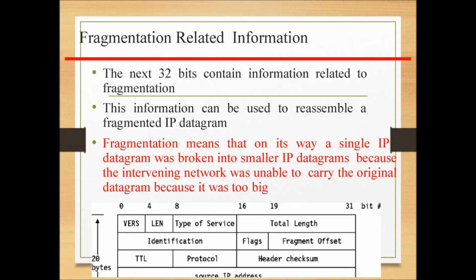This information can be used to reassemble a fragmented IP datagram. So when the data is divided, there will be fragments, and after that the data will be reassembled. So reassembly combines the different packets, the different portions, the different fragments.